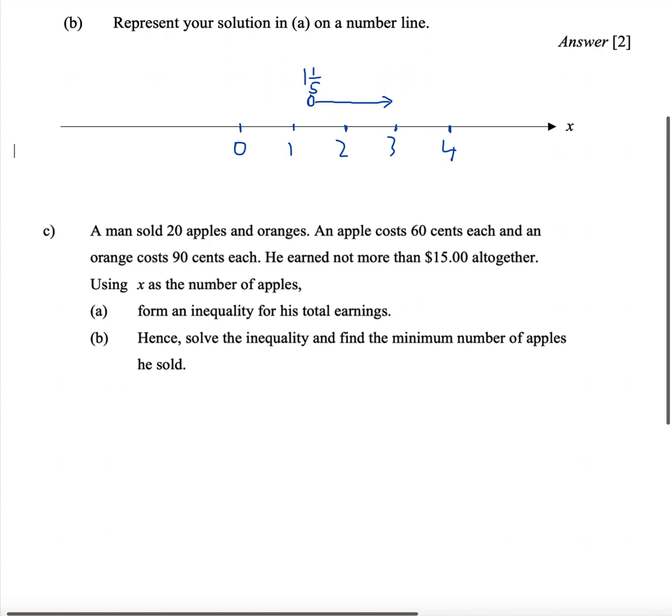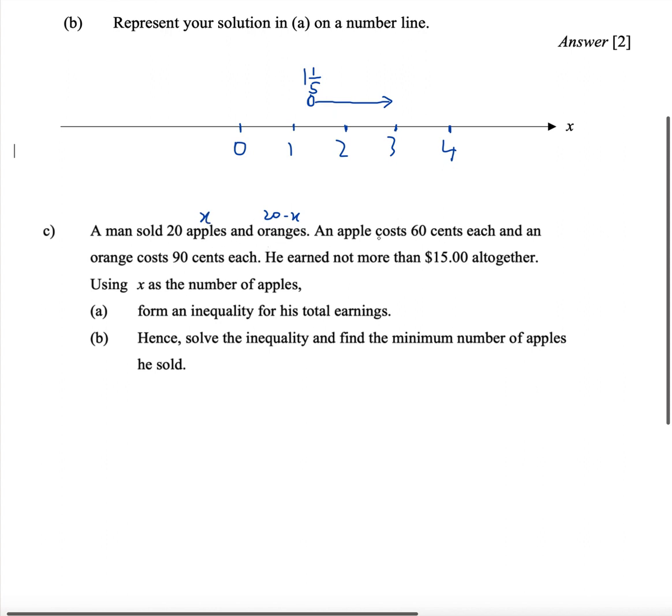The total number of apples and oranges together is 20. So x is the number of apples, therefore the number of oranges will be 20 minus x. Apples will be x.